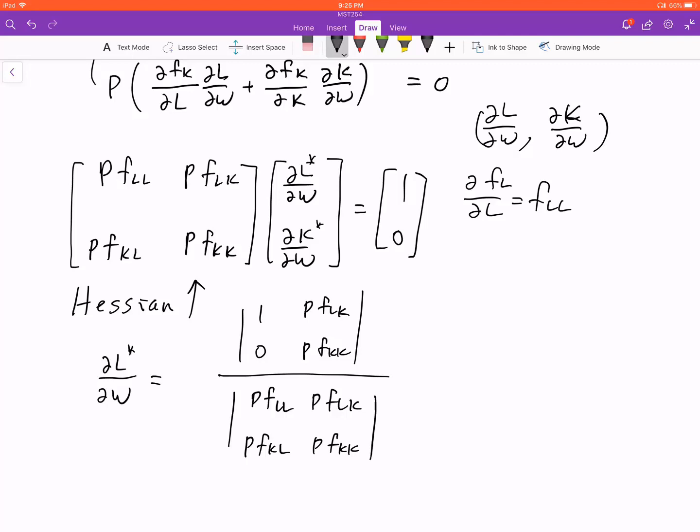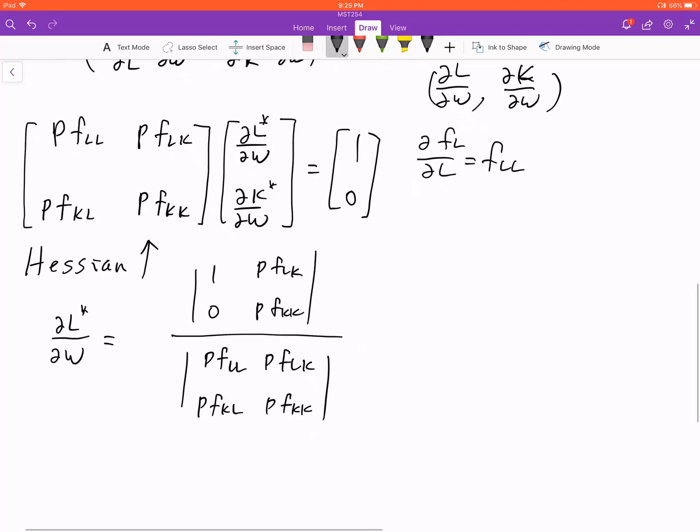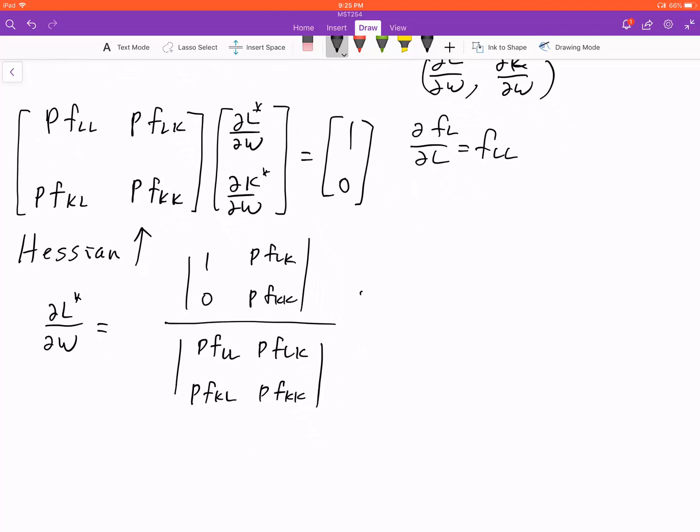So that's your solution. And similarly, you can find the second component, K* with respect to W, using Cramer's rule. And on the top, now because it's the second component, you replace the second column by 1, 0, and this is P f_LL, and then this is P f_KL.